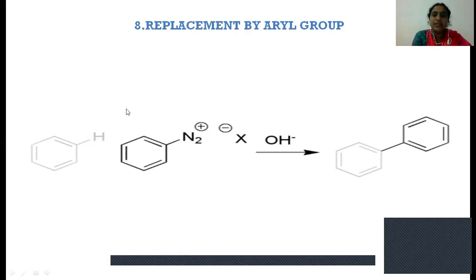This H plus and OH minus eliminate as water. By removing the H plus, it forms the phenyl anion. Now this phenyl anion acts as a nucleophile. It attacks here, replacing the diazonium chloride group, and produces biphenyl.